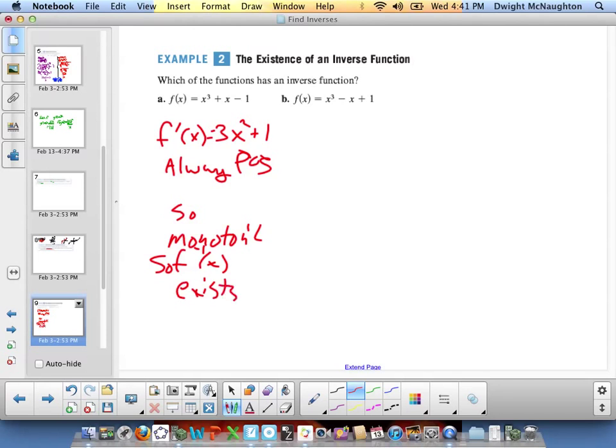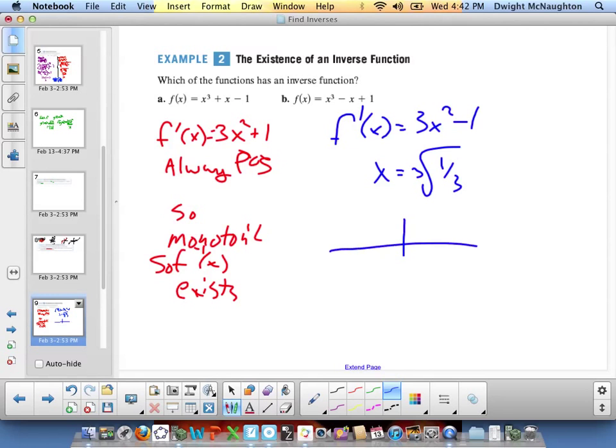If we took a look at B and found our derivative there, we can see that there's a critical number at the square root of 1/3. And if we plot a number line there, at 0, it's negative.